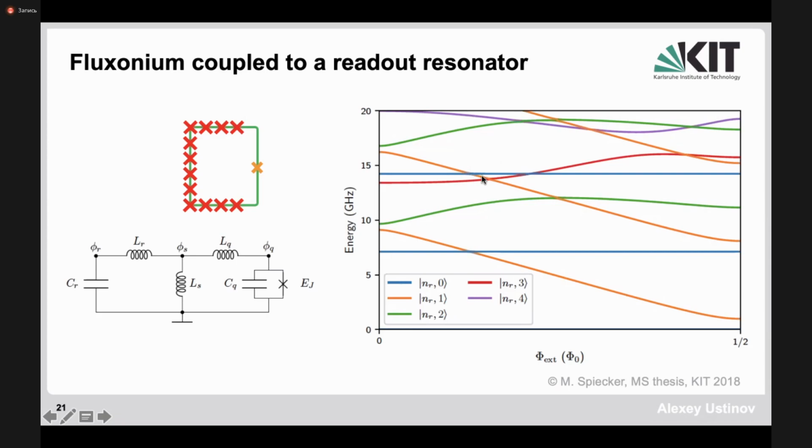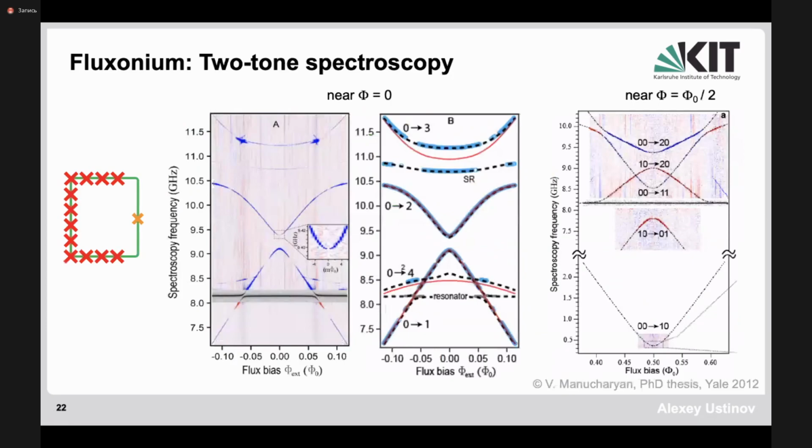And this picture doesn't really take into account, of course, the avoided level crossings which I described, but that's something which you observe in experiment later on. Now, this is an example of real measurements on this qubit. And already in this plot, you observe that at the frequency of the resonator, this is the resonator frequency here, the lowest energy state of the qubit comes up at 0 flux, and then it crosses the frequency of the resonator.